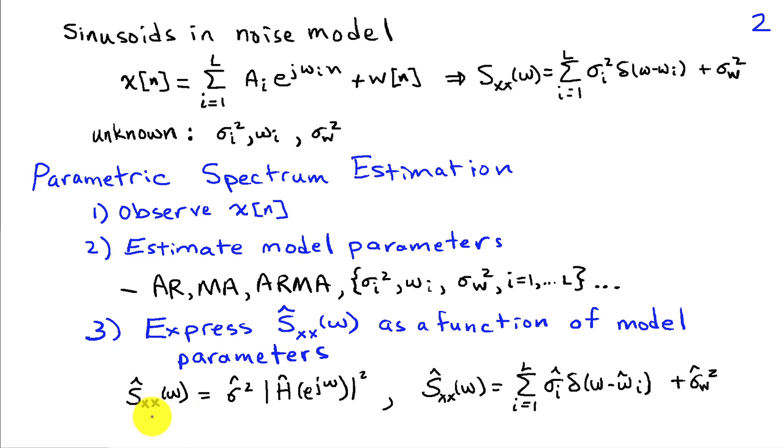So, for example, in the linear time invariant system model, we would have our estimated spectrum as the estimated noise variance times the estimated frequency response of the system, magnitude squared. And similarly, we do this with the sinusoids and noise model. So there's a model that underlies the data, which then gives rise to a particular form for the power spectrum.